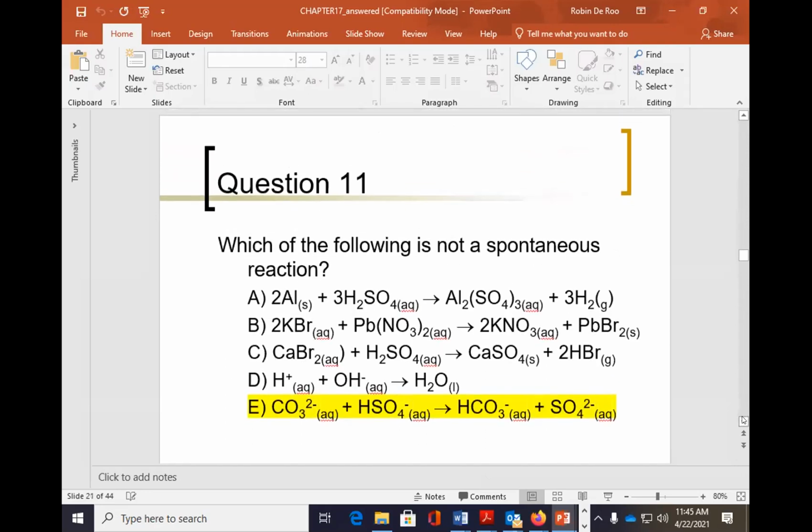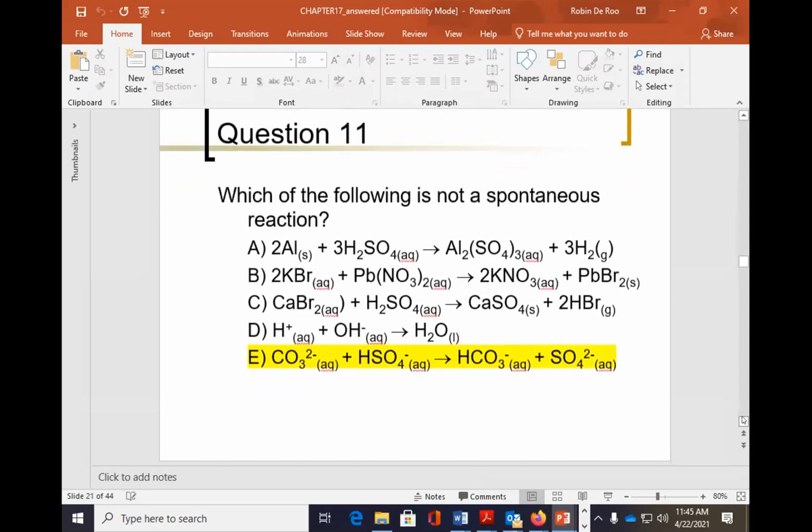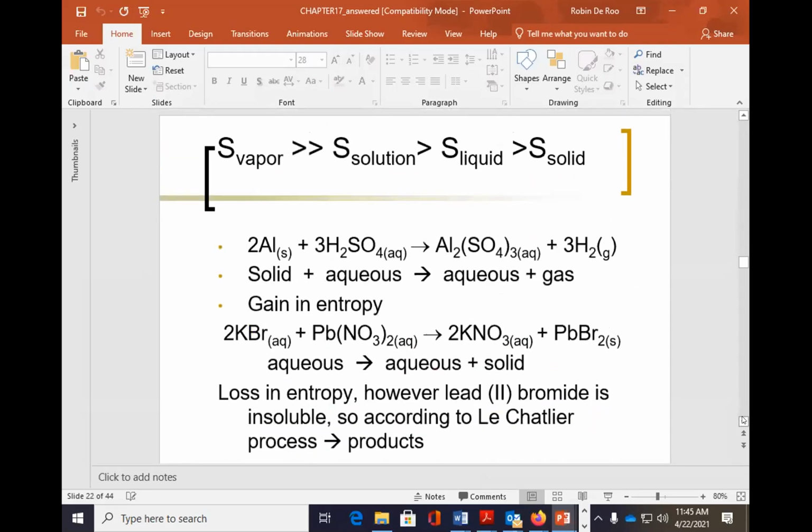Okay, so back in intro chem, whenever you took intro chem, you learned about driving forces. A driving force for a reaction is if you make a gas. And plus, look at the phases. You have a gain in entropy, solid going to gas.